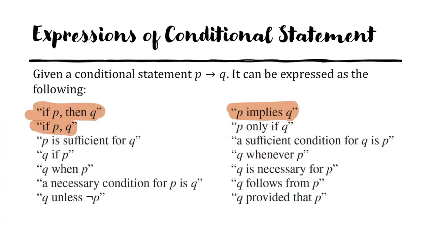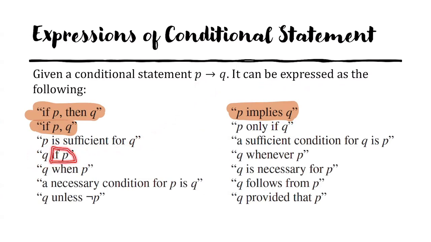If you look at the chart, what you are doing is this, right? Q if P. This is still representing P implies Q. Do we see that? So you can just switch the position, right?